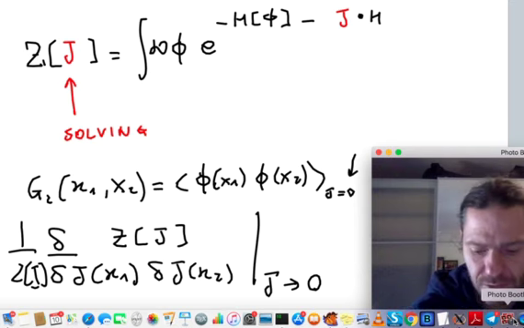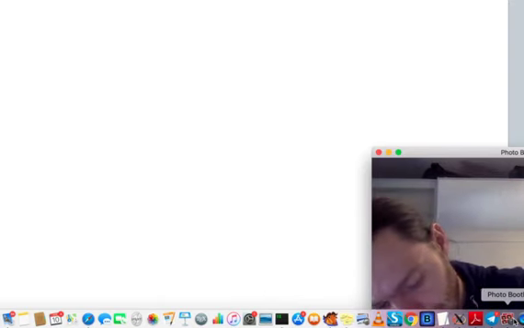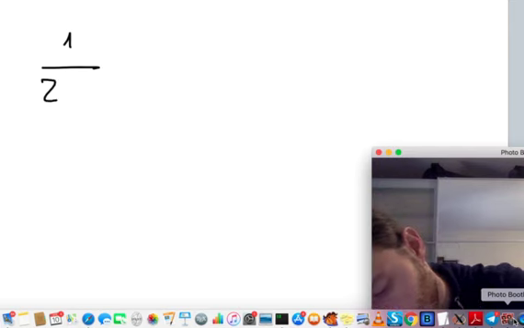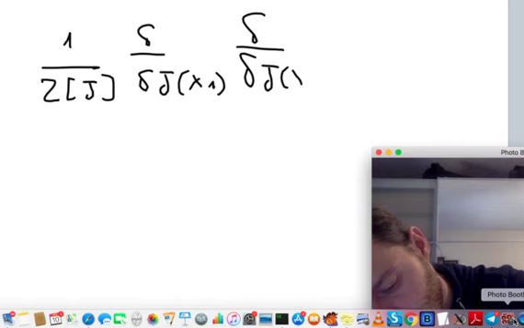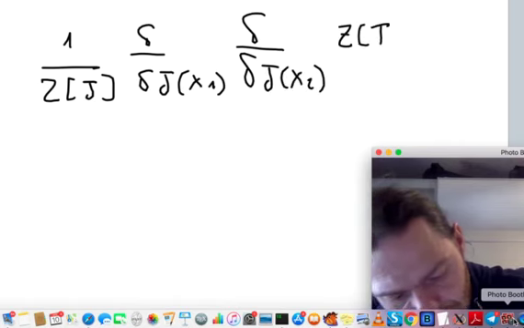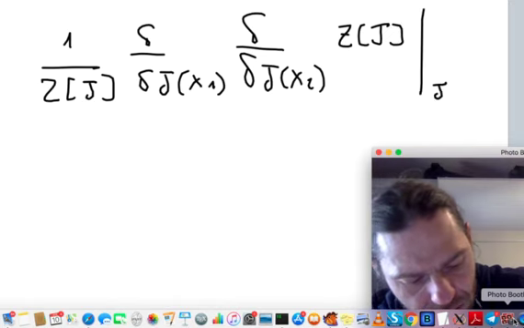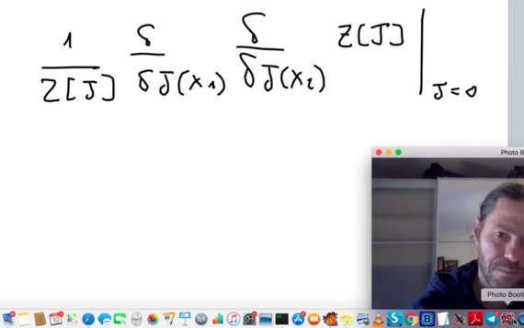So let's compute this sequence. Now, let me write it again. It's 1 over Z of j, double functional derivative with respect to j evaluated at different points, times your partition function, and then at the end of the calculation you set the source to whatever you want it to be.